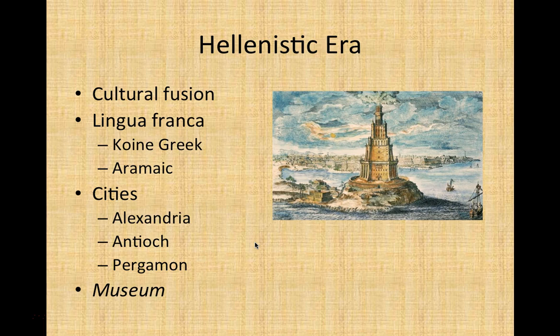There emerged, for instance, a couple of languages in this period that ended up being, well, the technical term for this is lingua franca, which means just a kind of a common language. A very simplified, modified form of Greek called Koine Greek was spoken and used all over these Hellenistic kingdoms.